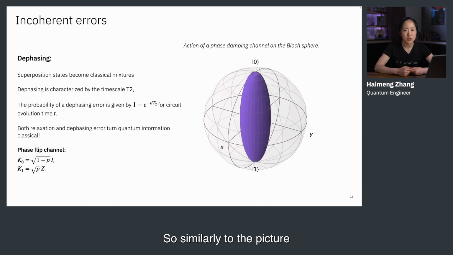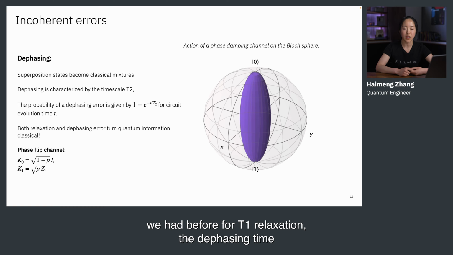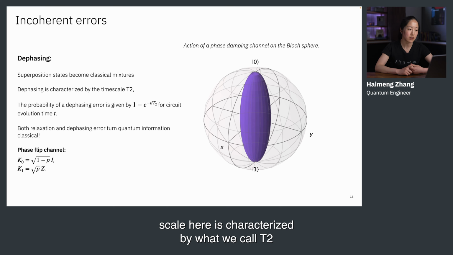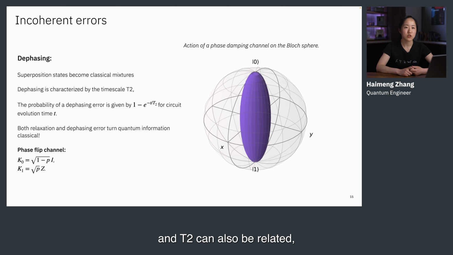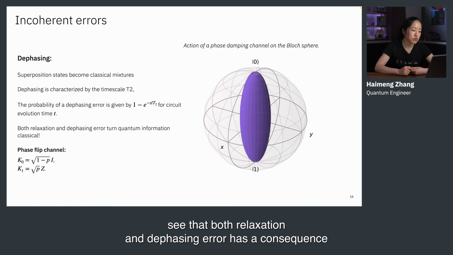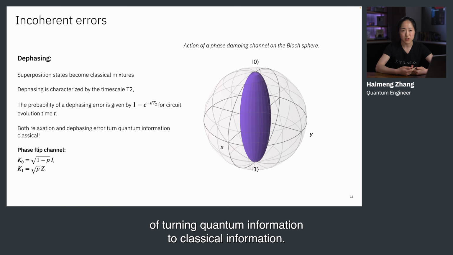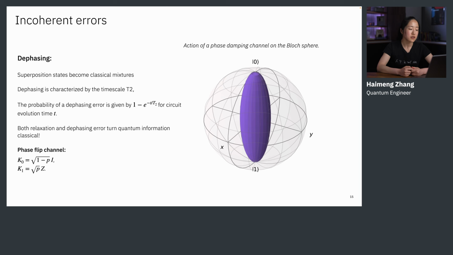Similarly to the picture we had before for T1 relaxation, the dephasing timescale here is characterized by what we call T2, and T2 can also be related to a dephasing error rate by this equation here. We can see that both relaxation and dephasing error have the consequence of turning quantum information into classical information.